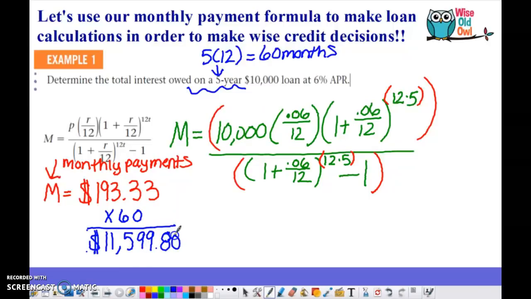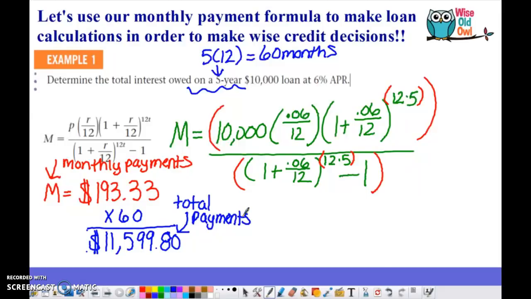$11,599.80. This is my total payments over the life of the loan. So for getting this loan, I have to pay back $11,599.80.